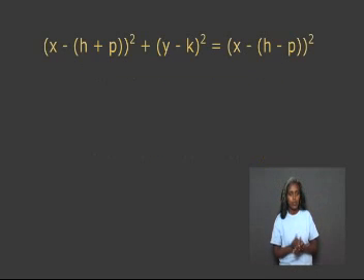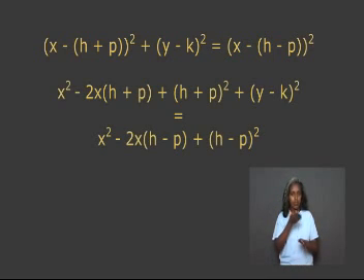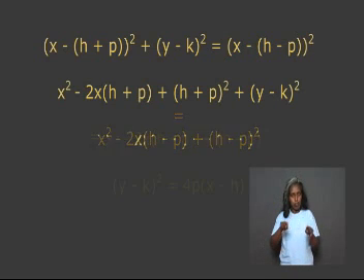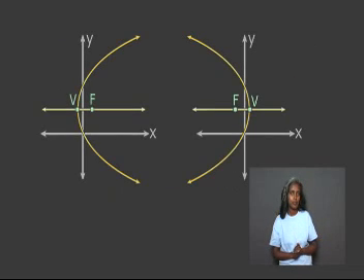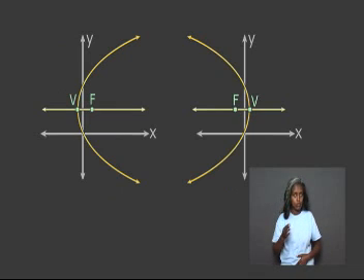To reduce this equation, we square both sides, and then we expand the brackets. This can be simplified to the form (y minus k) squared equals 4p times (x minus h). If the focus is to the right of the vertex, the parabola opens to the right.